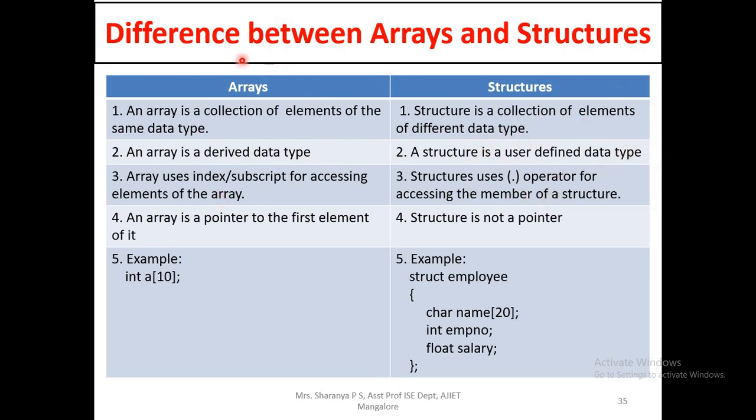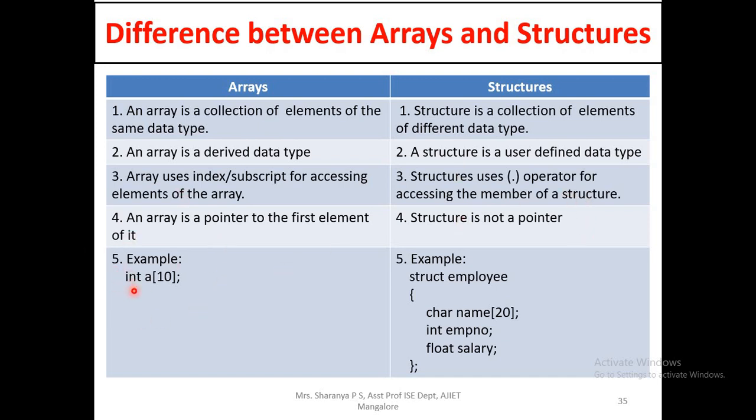Array contents are accessed by using the index, whereas structure members are accessed by using the dot operator. And an array is a pointer to its first element, that is, there will be a pointer pointing to the first element of the array when we create it, whereas in a structure no such pointers exist.